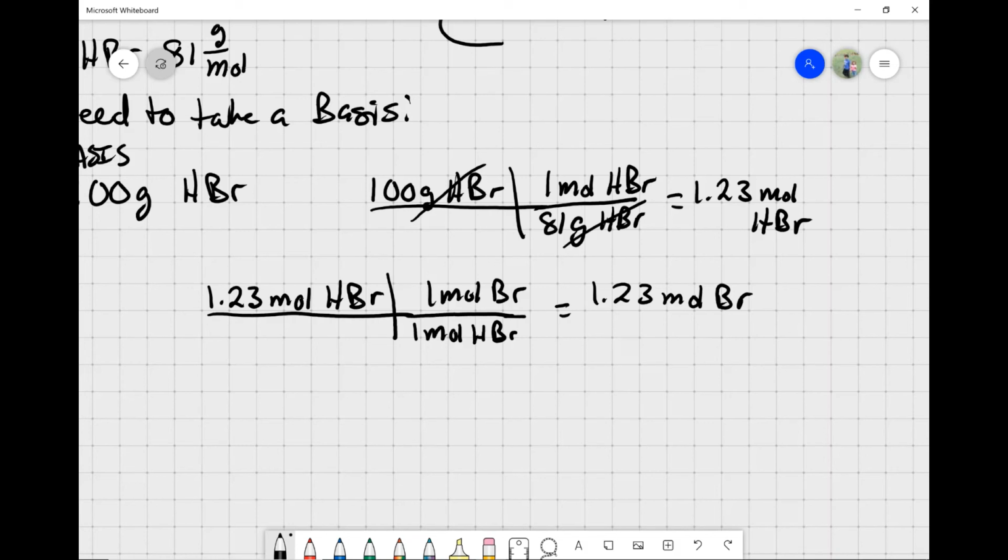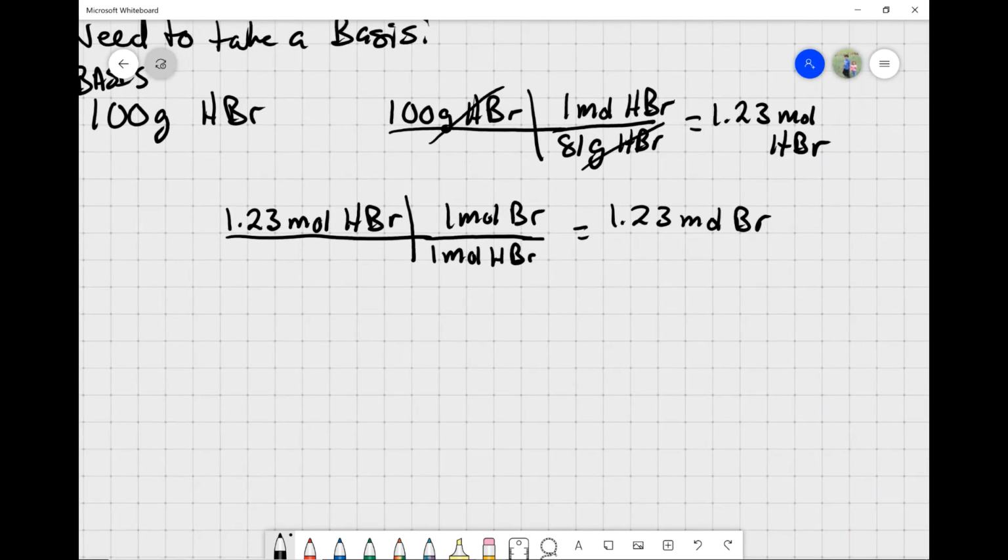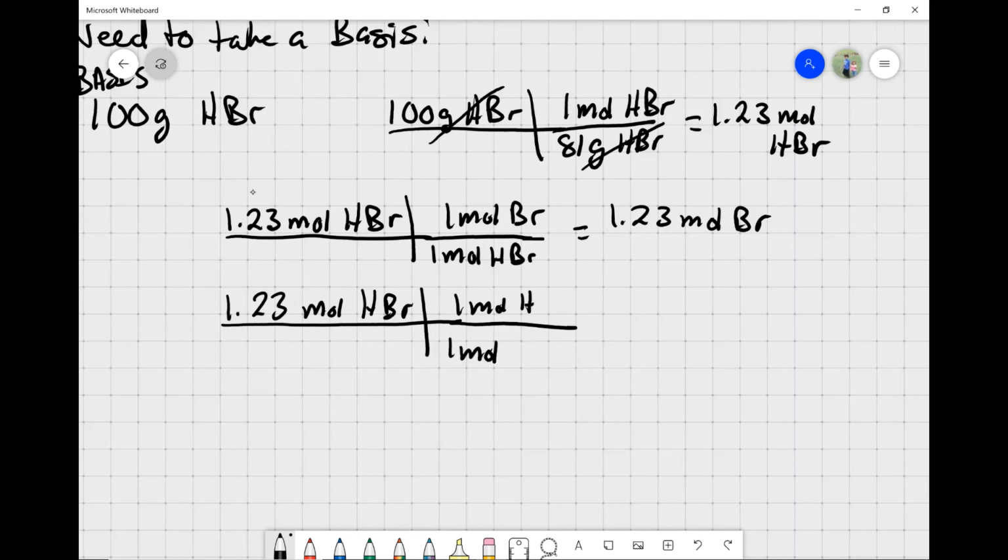We're going to do the same for hydrogen, 1.23 times 1, but pay attention to the technique. And this is equal to 1.23 moles of H.